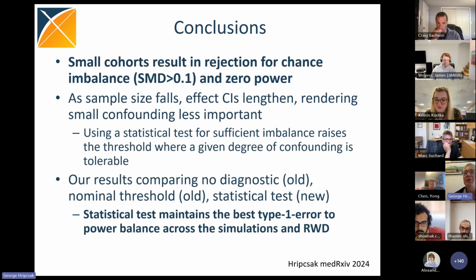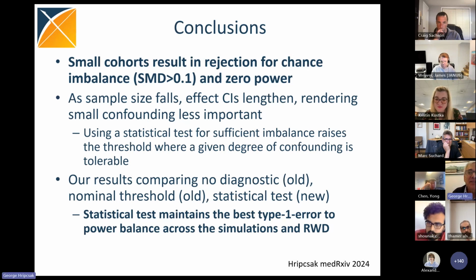So, in conclusion, small cohorts, as your study size falls, this is not small databases, it's small cohorts. So it may be a large database, but it's a rarely given treatment or something that you're comparing to. Small cohorts, based on OHDSI's current method, have a 100% chance of rejecting the study and 0 power, and there's no sense in carrying out the study.